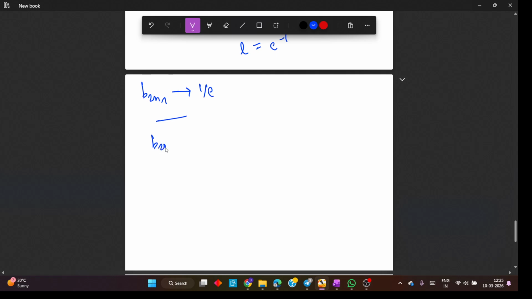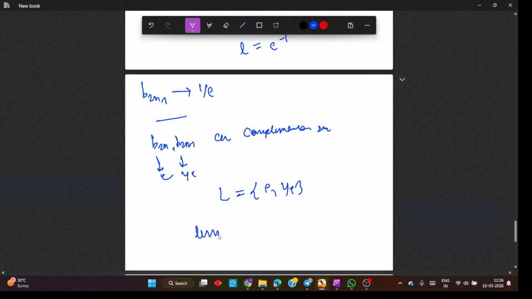So b2n and b2n minus 1 are complementary sequences, and this converges to e, this converges to 1 by e. So the limit points would be e and 1 by e.